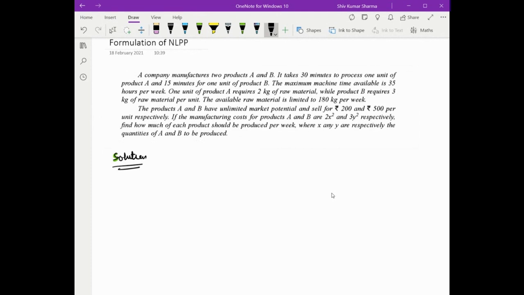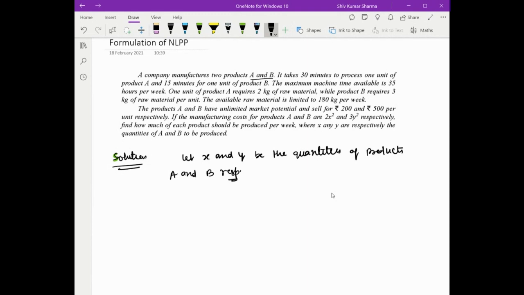Let x and y be the quantities of products A and B respectively.